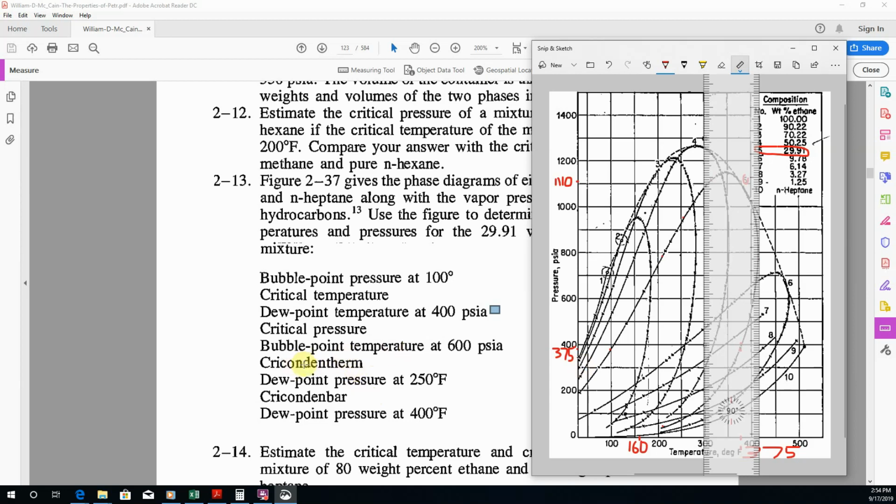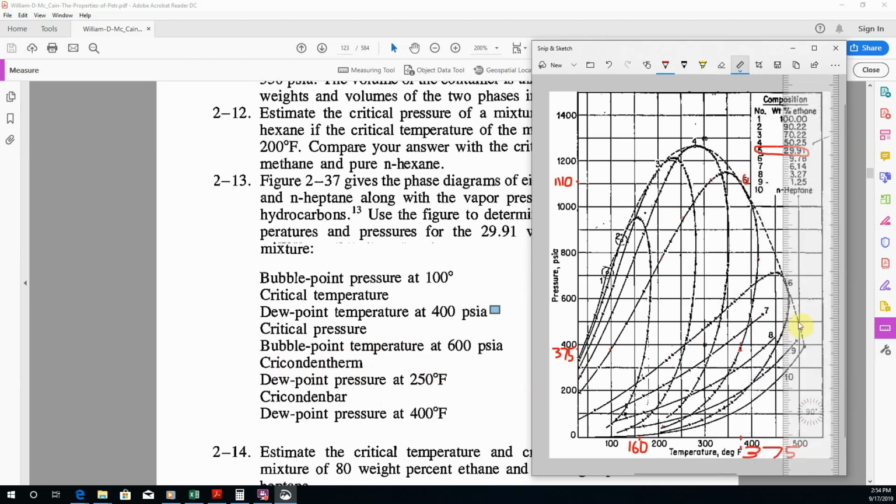Which one are we on else? Cricondotherm. Cricondotherm is the absolute maximum temperature on the curve line. So let's see how the curve comes around, and we just barely touch it right here, right, as it comes on down. So we come down, look, this is the, we draw it.